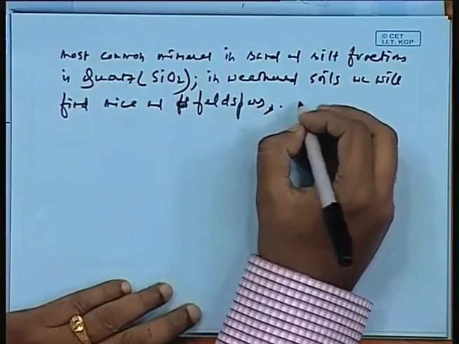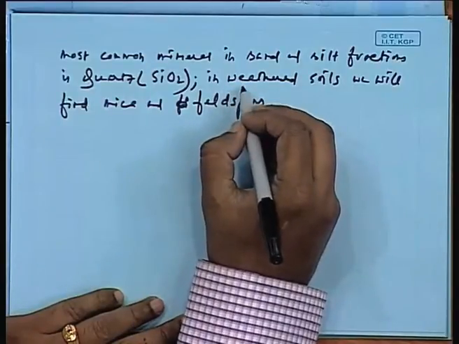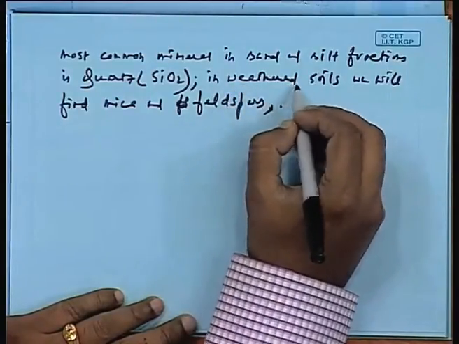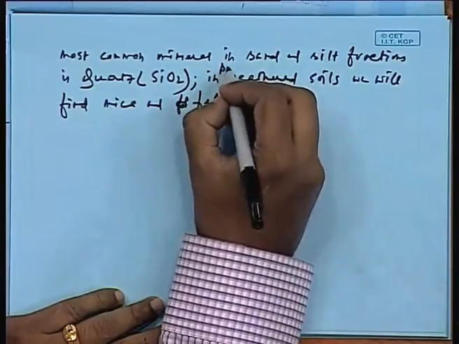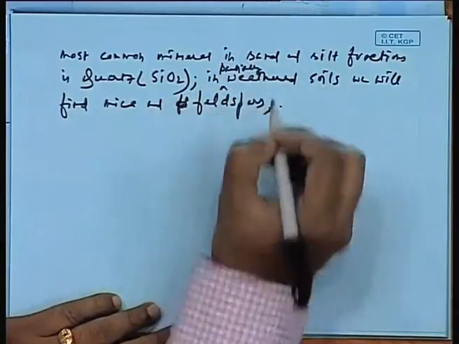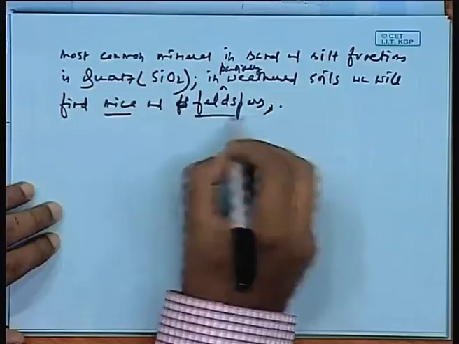These are also strongly weathered micas. In partially weathered soils, we will find mica and feldspar.